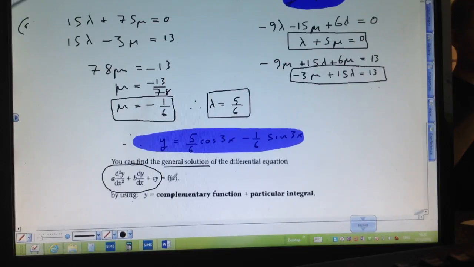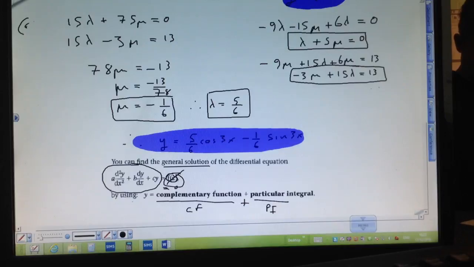If it equals f of x, then you have to use all of these techniques here, and try a standard function as I've just shown you for whatever form f of x takes. What you do is you set that equal to 0, forget that exists, and solve that like you did yesterday to find the complementary function, the CF. You just do the process I've just shown you to find the f of x, and that's the particular integral, and you just add them together.